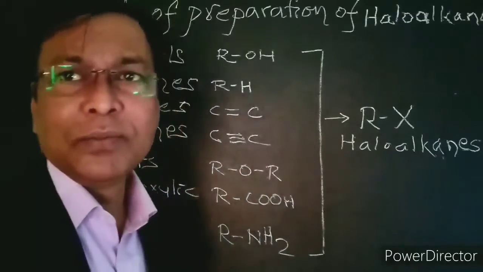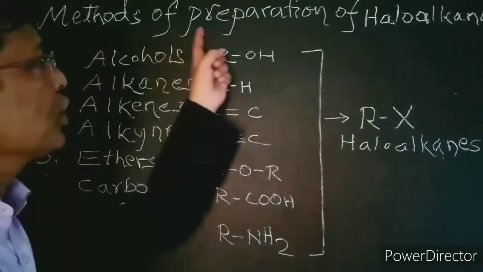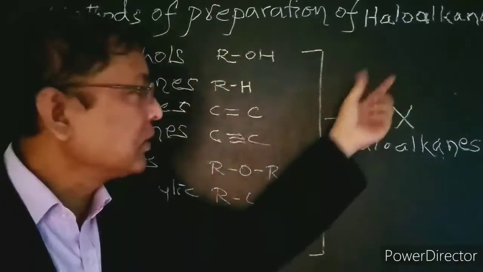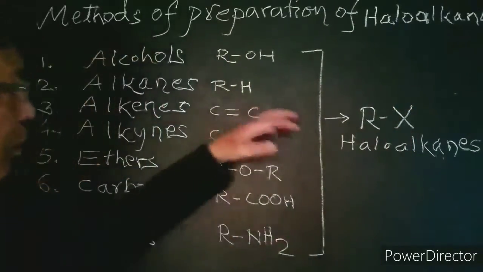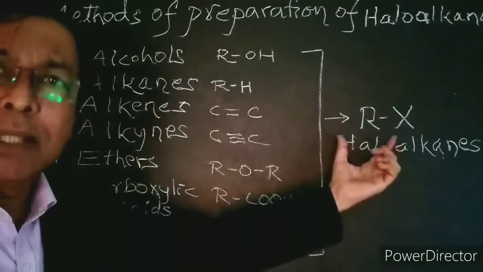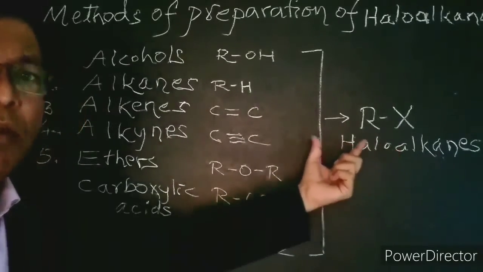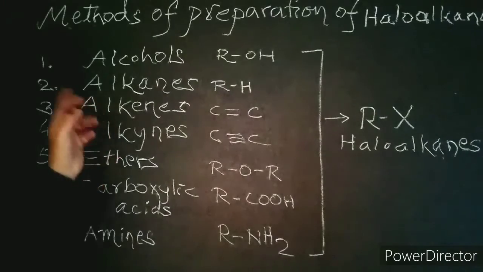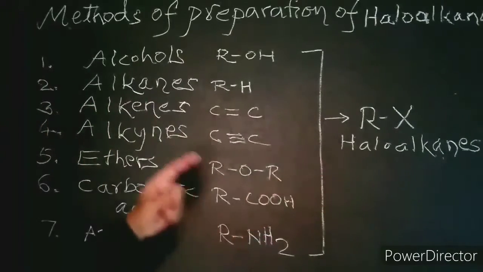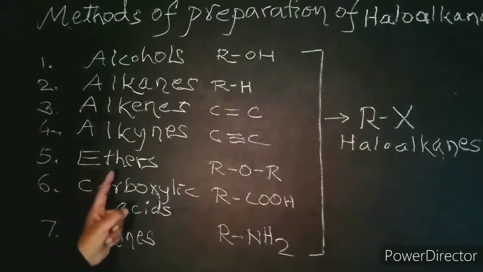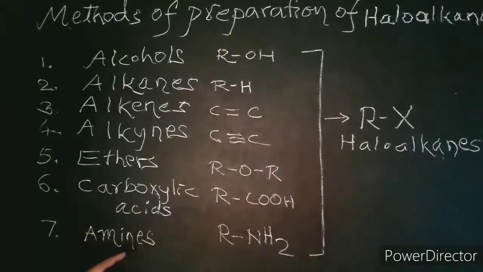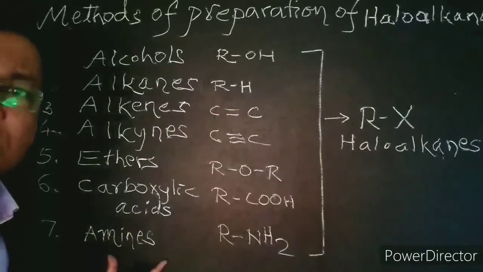Here we go. Methods of preparation of monohaloalkanes, that is alkyl halides, RX. We can prepare alkyl halides, that is monohaloalkanes, from alcohols. We can also prepare haloalkanes starting from alkanes, alkenes, alkynes, and ethers, carboxylic acids and amines.